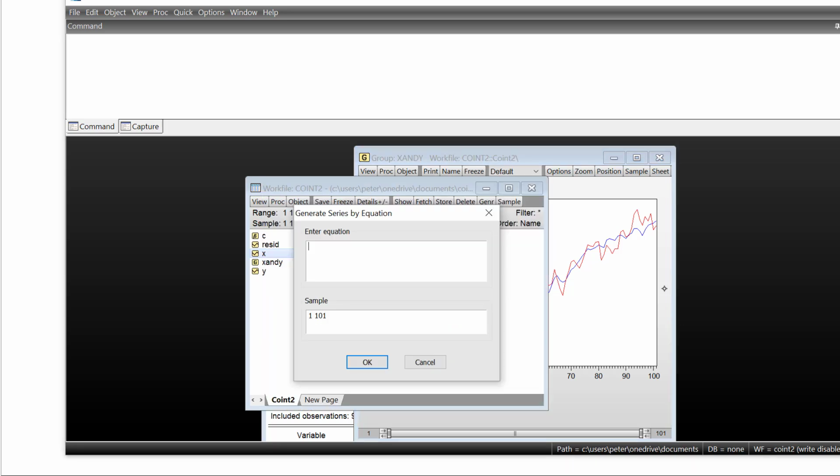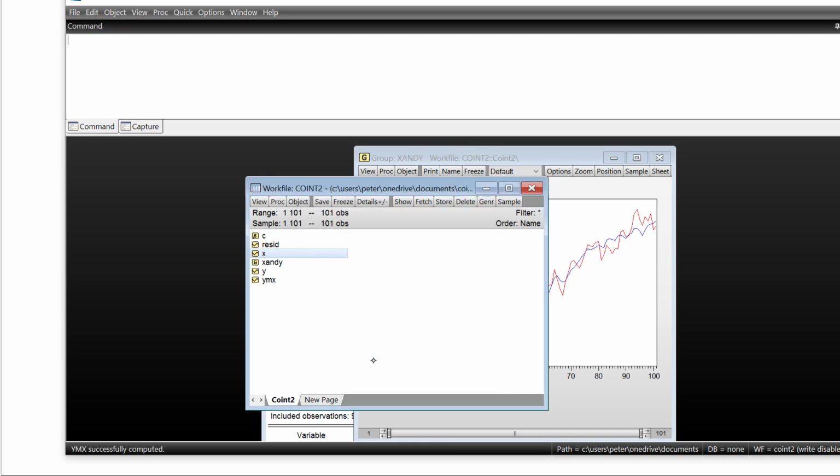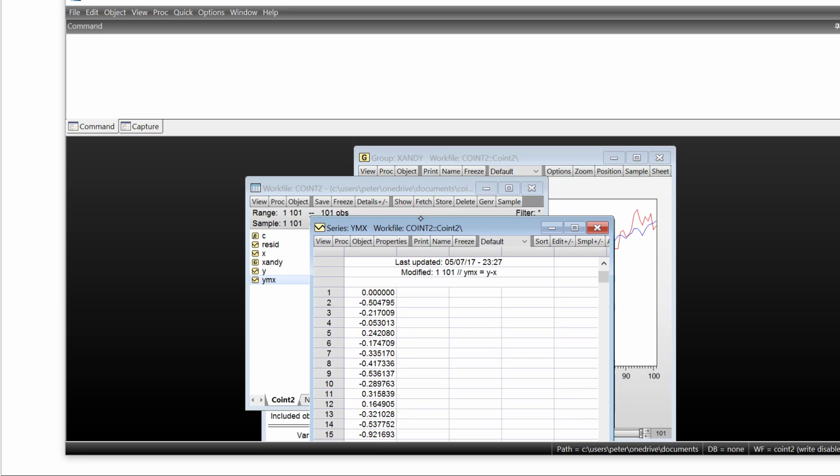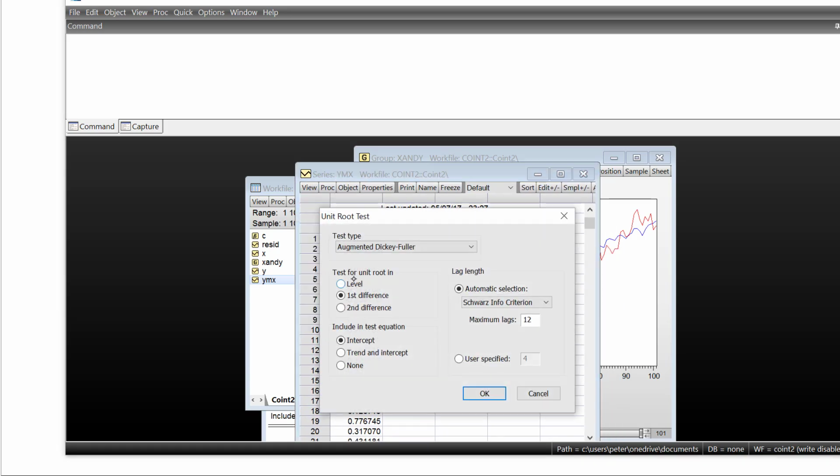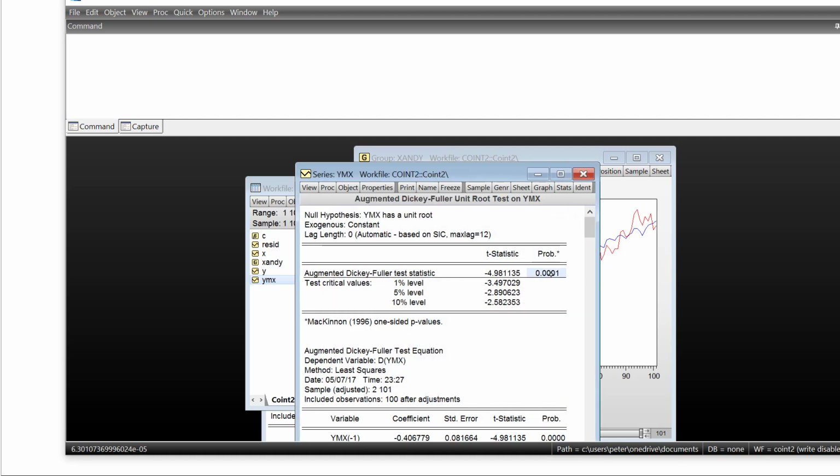So let's check if that's the case. I go to quick generate series and let's call it ymx for y minus x. So it's y minus x. If I open this and do a unit root test for this one, in levels, we can clearly reject the null of a unit root.